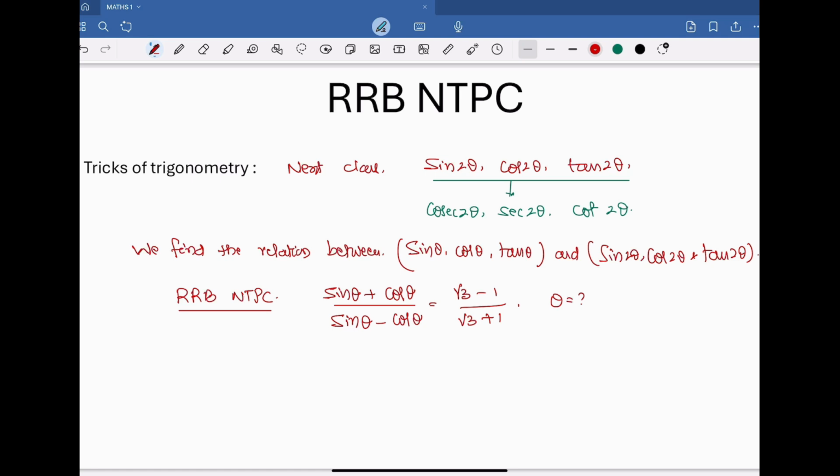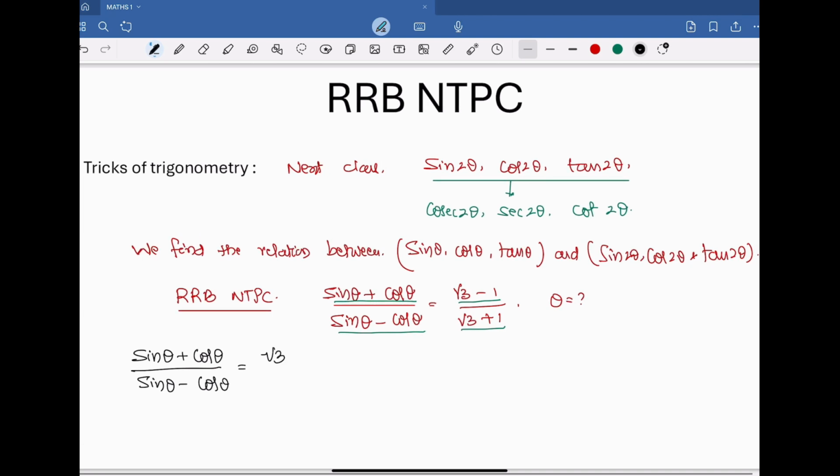In this type of questions, what we have to do is compare the numerator and denominator separately, left hand side and right hand side. This can be written as sin theta plus cos theta by sin theta minus cos theta, which can be written as root 3 plus 1 by root 3 minus 1. Instead of minus 1 we will write plus, because it is sin theta plus cos theta in the numerator.